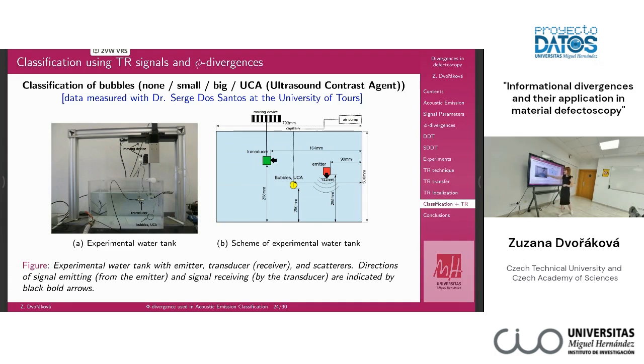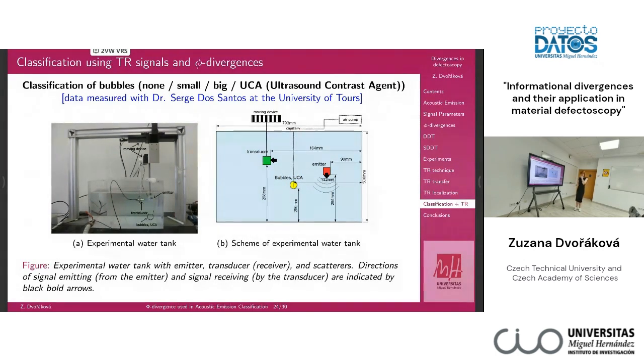We have a capillary here, and we have an emitter transducer, and here was the capillary, and we measured two types of bubbles, big bubbles and small bubbles, because we had two types of capillary, and also we measured the flowing of ultrasound contrast agent in the capillary. It's different from the previous experiments because it was done at the university as a biomedical application of our classification method.